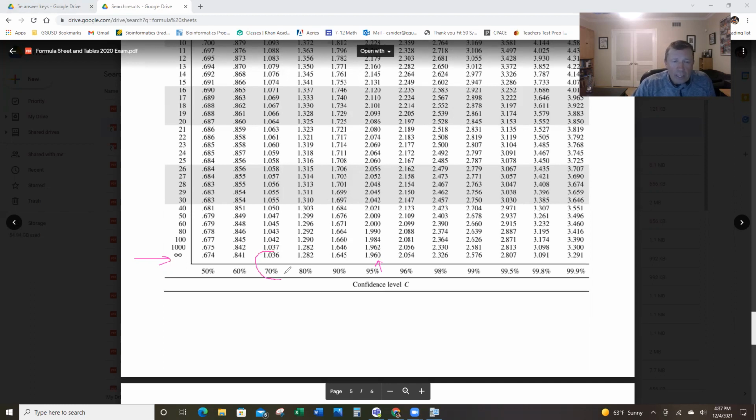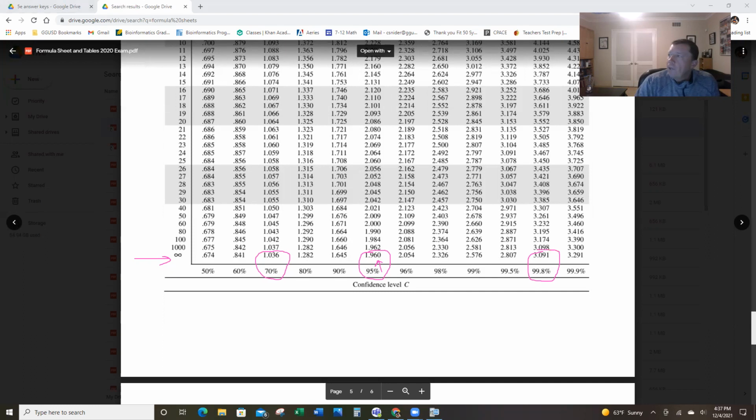We know that 68% is about 1 standard deviation away. So 70 is about 1.036. 95 is not exactly 2 standard deviations away. It's 1.96. And we don't have 99.7 on the chart, but we get 99.8. And that's about 3.09. You can see how that works. There's the empirical rule, the 68, 95, 99.7 rule. There it is on there.